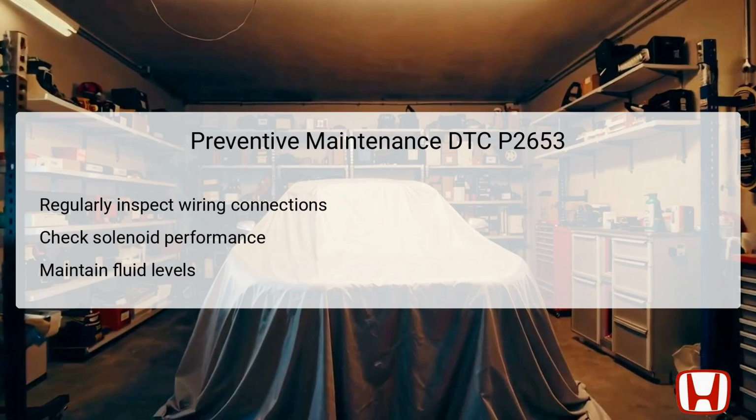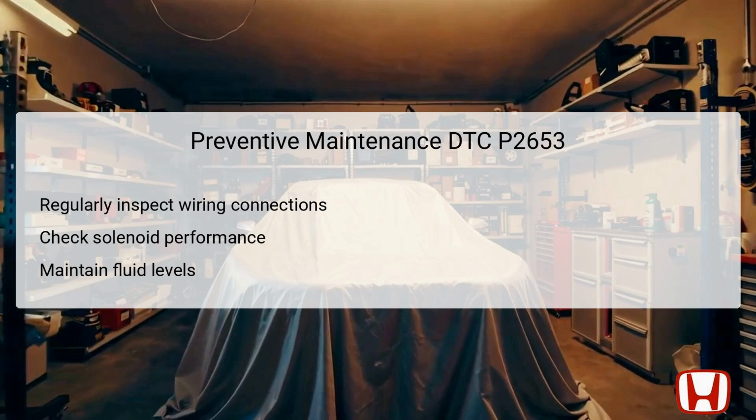Technicians should routinely check the performance of the rocker arm oil control solenoid, verifying that it operates within the specified resistance range. Furthermore, maintaining proper oil and coolant fluid levels is crucial, as insufficient lubrication can cause premature wear of the solenoid and other engine components, potentially leading to similar DTC codes.